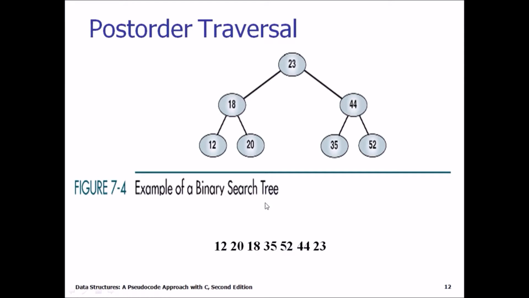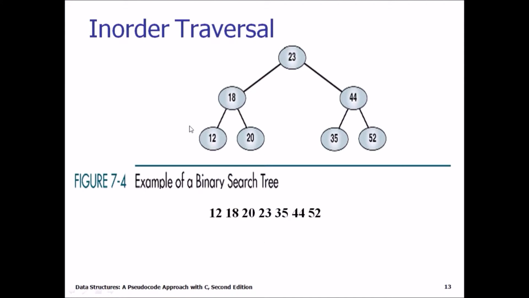Now in order traversal, how does in order traversal take place? In order means the node has to be in between. So first the left subtree, then the node, meaning the central node, the root. So let's take the left subtree: first 12, then 18, then 20, because this has to be in between.